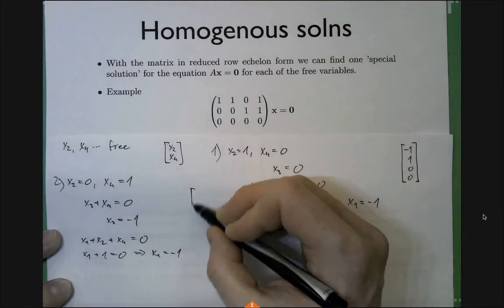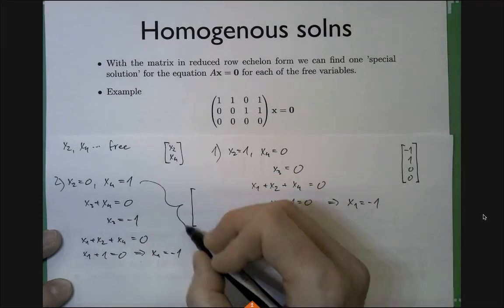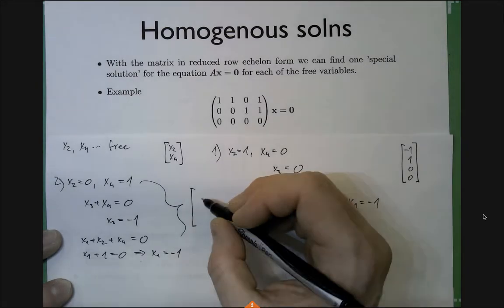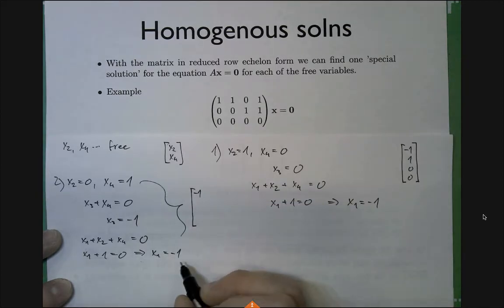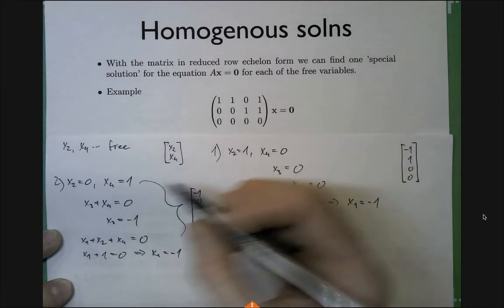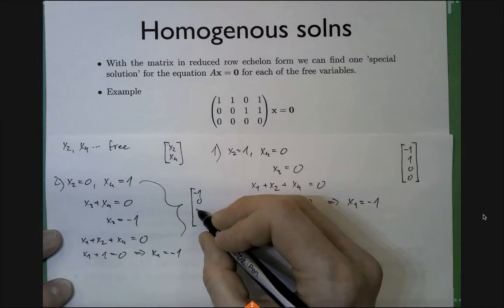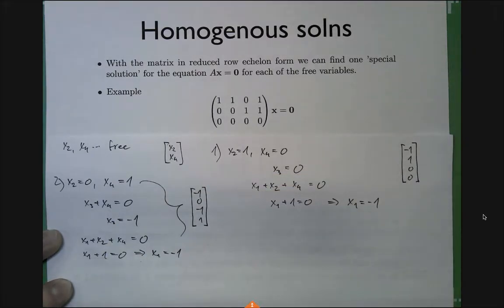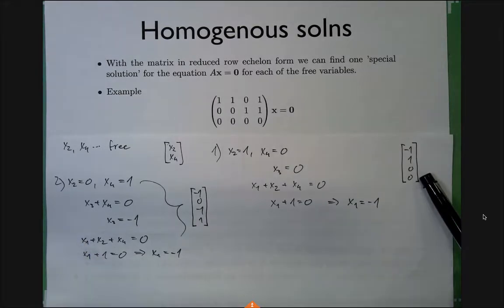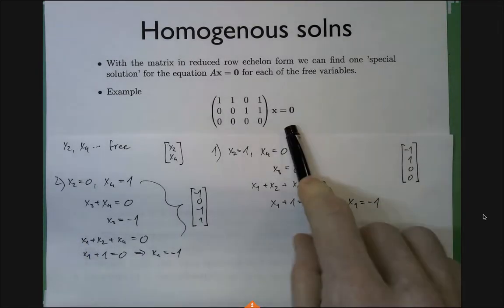So if I put all these together, I will get minus 1, that's x1. x2, that's what I picked, was 0. x3, again, minus 1, and x4, 1. It's different than this, quite clearly. And it also solves the system.